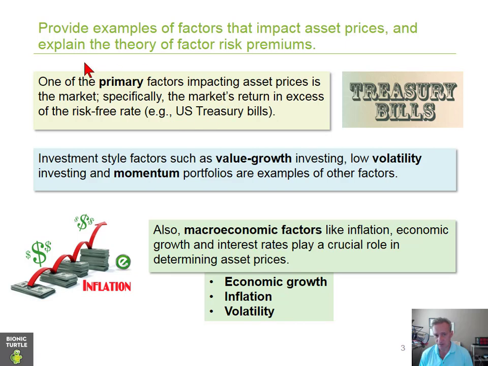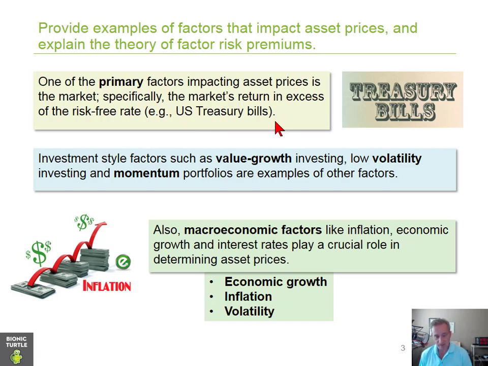Our first learning objective asks us to provide examples of factors that impact asset prices and explain the theory of factor risk premiums. He says that one of the primary factors is the market, specifically the market's return in excess of the risk-free rate. So that's definitely familiar from capital asset pricing model.